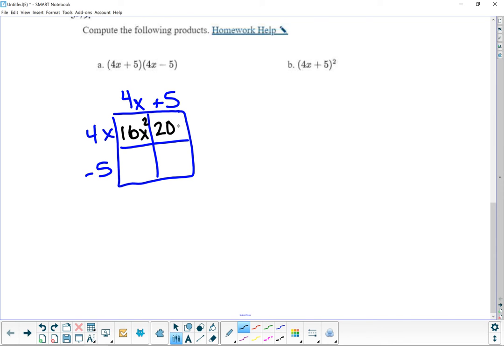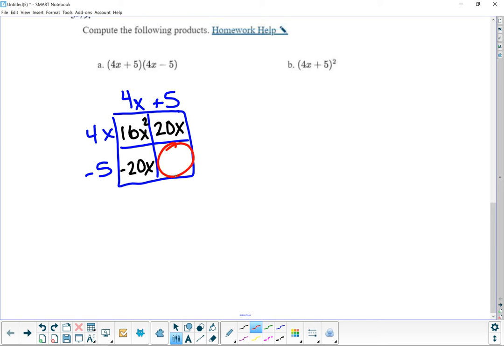And there's only one x, so we just write down an x. Okay, same thing again. We want this one, which is going to involve the negative 5 and the 4x. So negative 5 and 4 makes negative 20. And it has only one x, so we just write down an x.